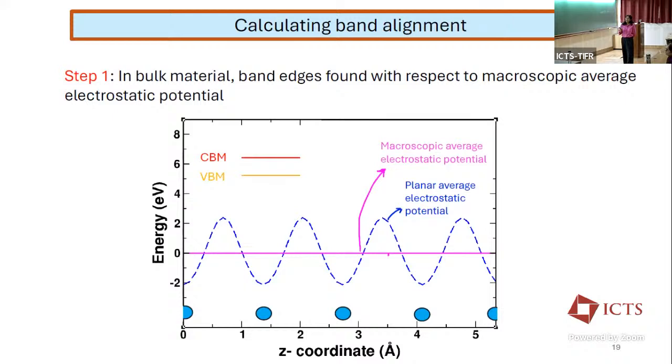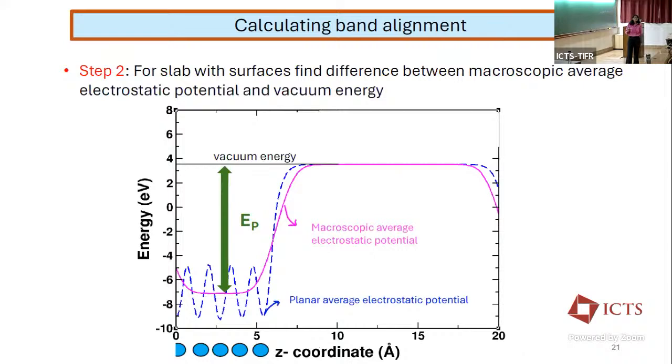If you have the band edges, you plot the planar average electrostatic potential and take the macroscopic average, and you measure the distance of these edges from the macroscopic average. Then you take a slab of the material with a bulk-like region terminated by vacuum, and you take the distance of the vacuum energy from the macroscopic average.